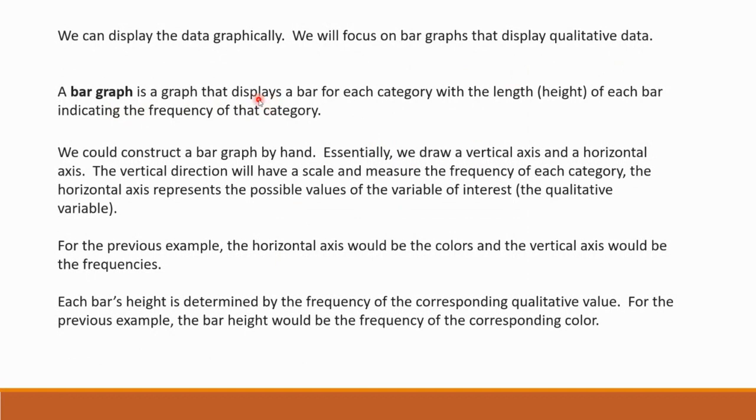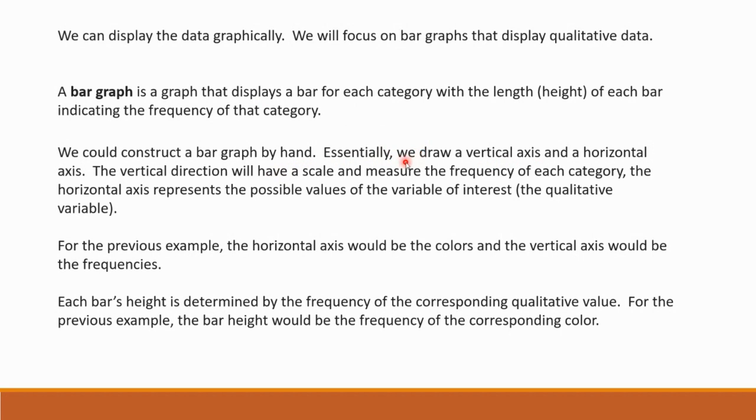Now, I might have even done this last time, but let me say what it is again. Basically here, you have a vertical axis and a horizontal axis, kind of like the XY plane in other math classes. The vertical axis would be like your Y axis. That's where the frequencies are.